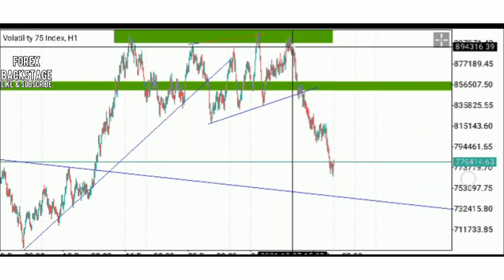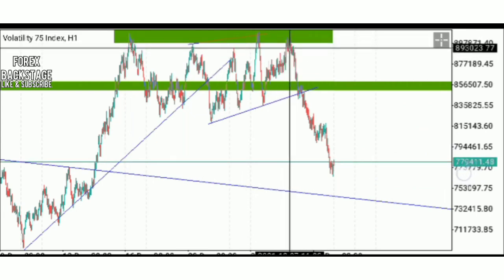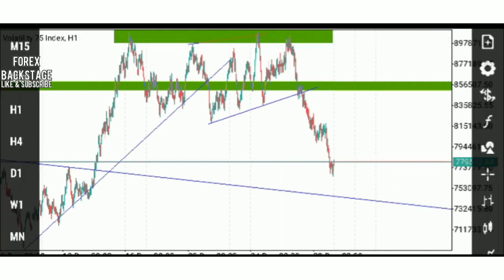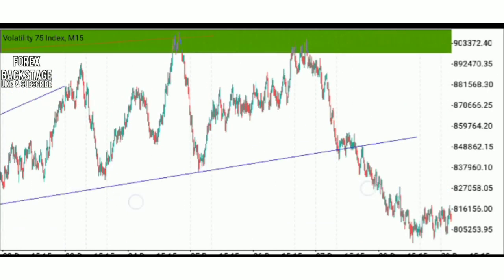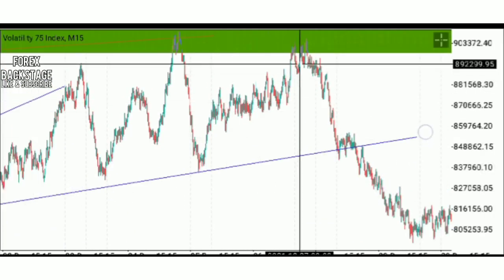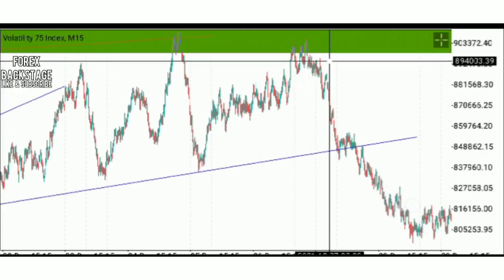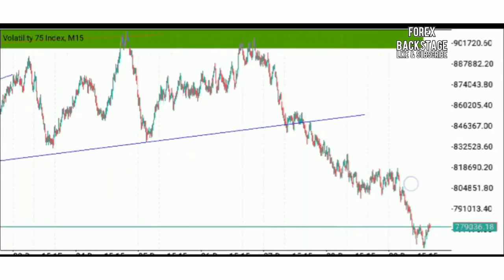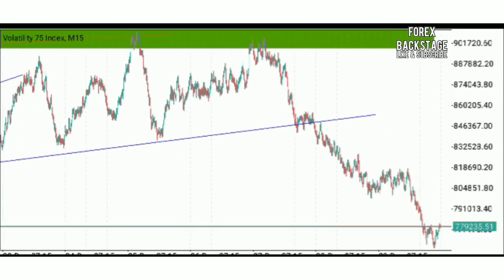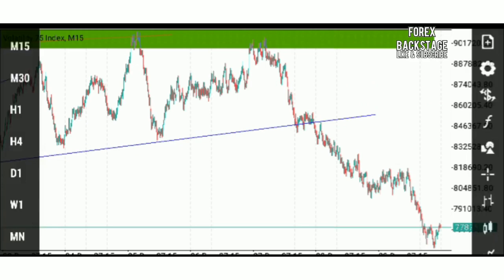So this third touch, you also have to take advantage of it, because it shows us that area has power. As you can see there, we had a double top. When you have a double top, you have two confirmations: a third test on current supply and demand area and a double top.